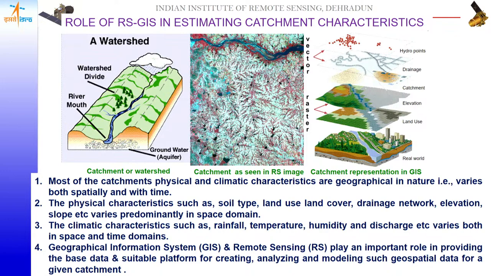So both these datasets, climatic and physical characteristics, can be represented by a combination of raster datasets, for example land use, elevation, and some vector datasets representing points, lines and polygons of hydro points, drainage network or the catchments. And they all have the common information of latitude and longitude.